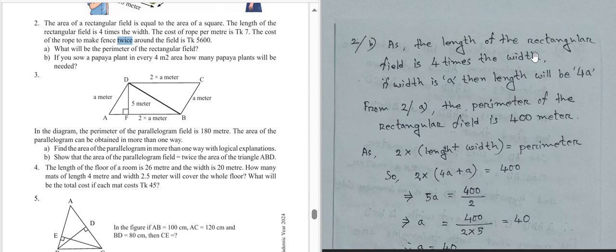As the length of the rectangular field is 4 times the width, if width is a, then length will be 4a. From number A of 2, we know the perimeter of the rectangular field is 400 meter. So we can apply the formula of perimeter.